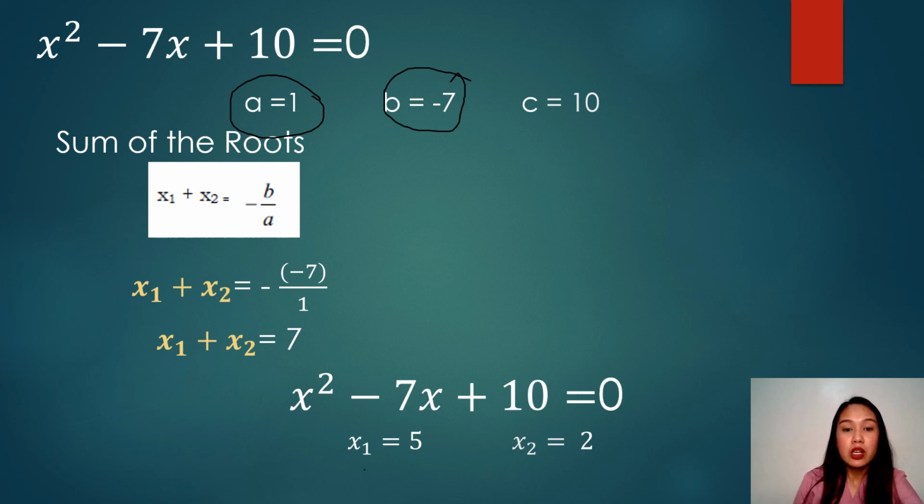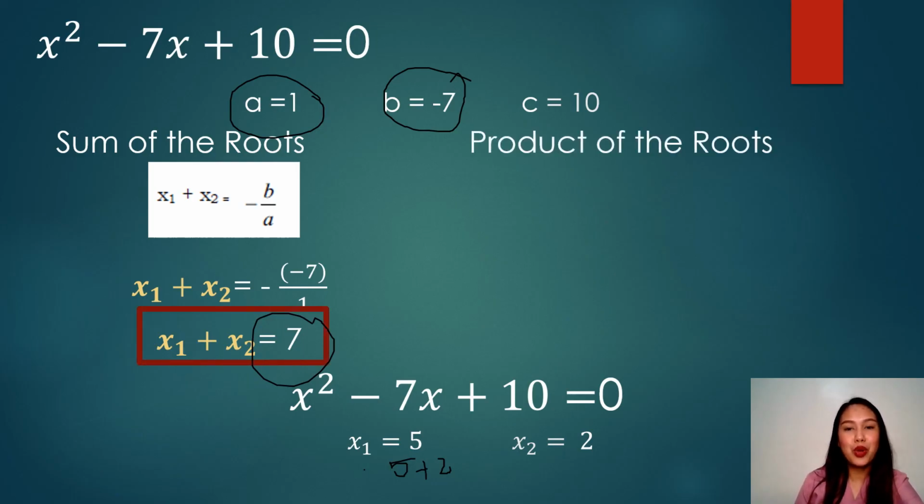As you can see, x sub 1 is 5 and x sub 2 is 2. If we add 5 plus 2, it will give you 7, and that is the sum of the roots.